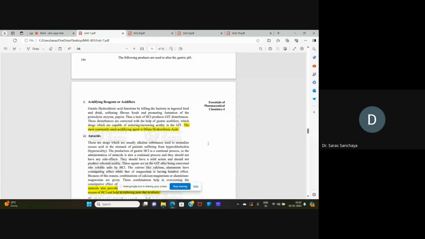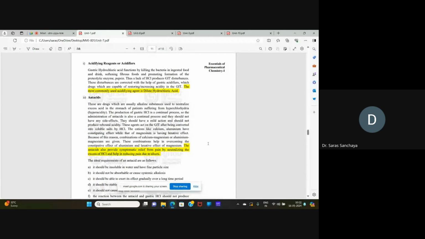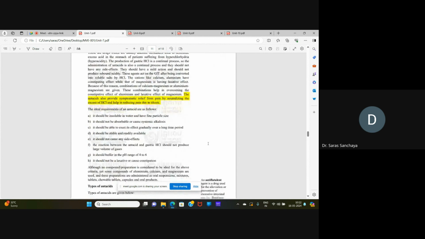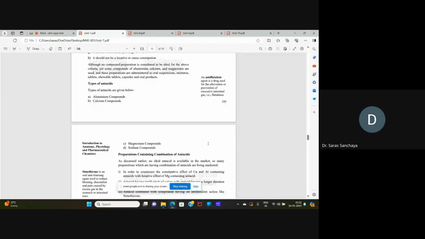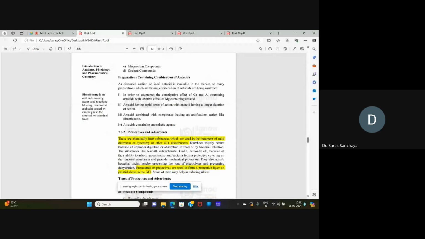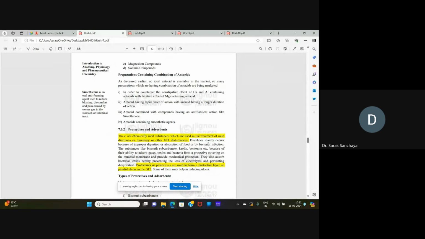These are used in extremely acidic conditions or hyperacidity of the stomach. The antacids also provide symptomatic relief from pain by neutralizing the excess of HCl and help in reducing pain due to ulcers. Now, protectives and adsorbents.